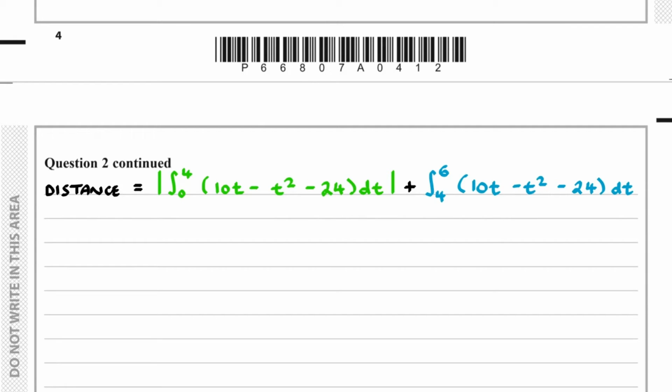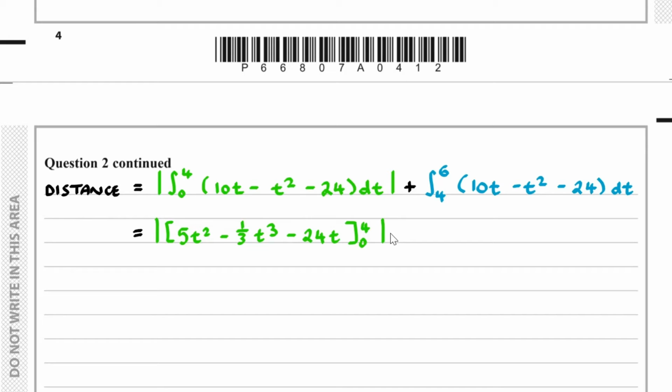Now, if we work this out, we have the absolute value of the following. Integrating 10t minus t squared minus 24, we end up with 5t squared minus 1/3 t cubed minus 24t. And so we take the absolute value of this evaluated between 0 and 4.